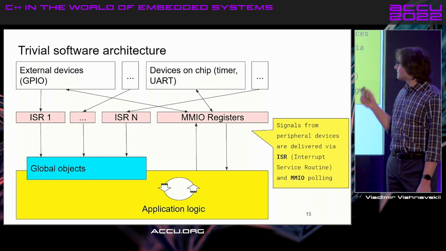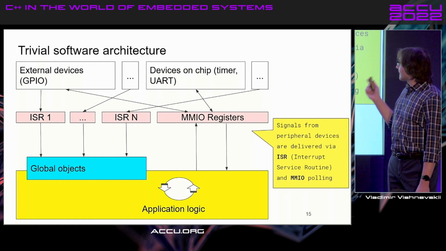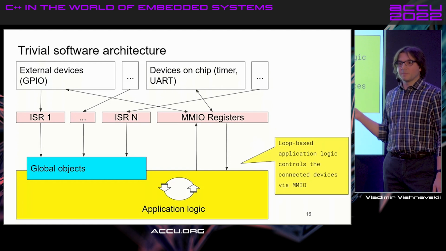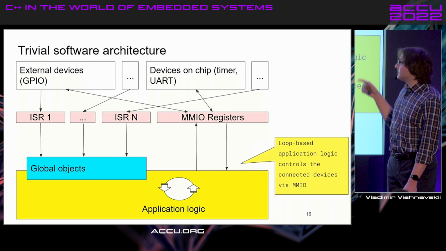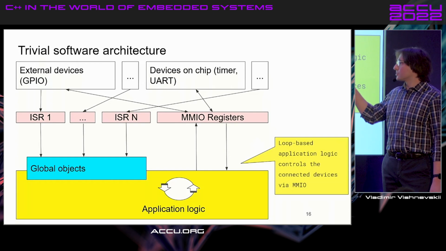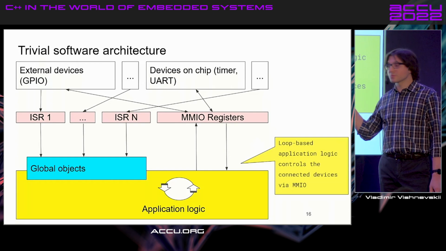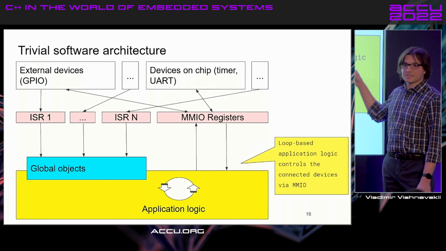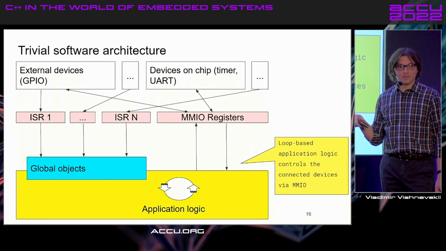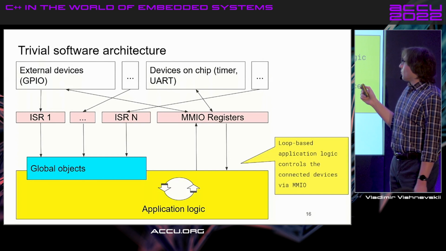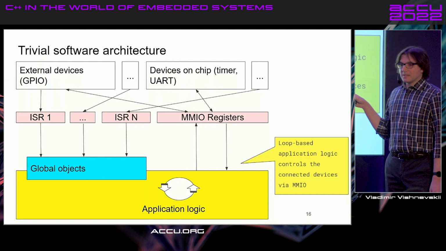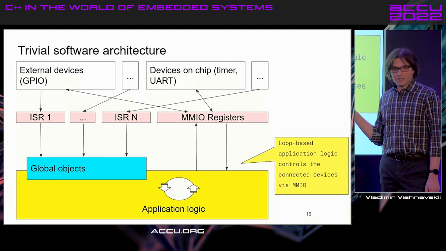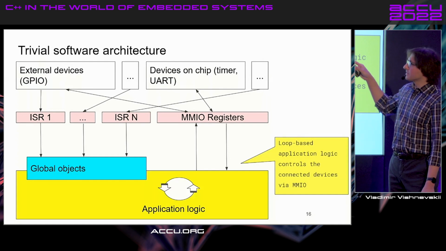The logic can be based on just a simple loop, processing the data. It works either with global objects that are modified by interrupt service routines, or by just polling this MMIO register to understand what state it is in. What is interesting here is that, due to its simplicity, it has quite deterministic behavior, because it's either somewhere in the loop or in an interrupt handler.